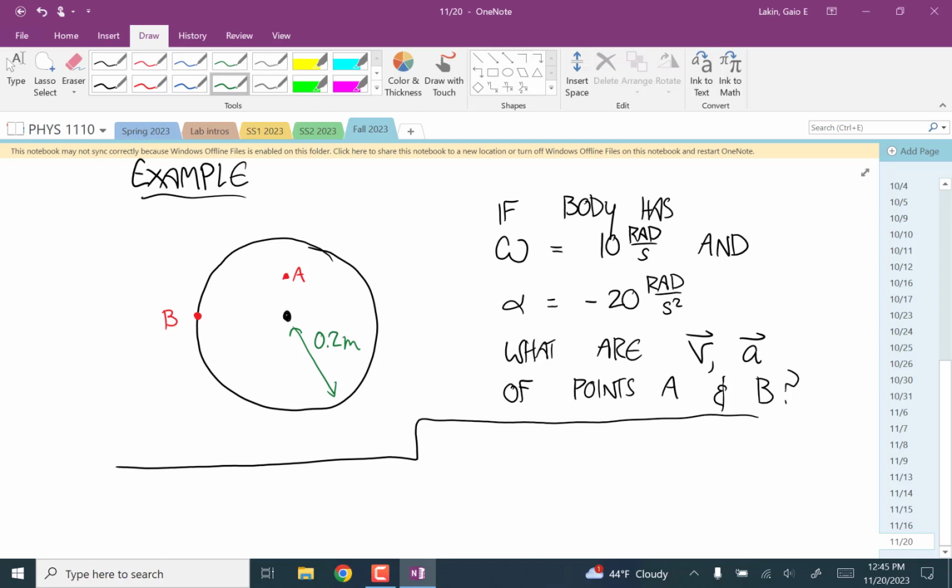Okay, well, let's first think about the directions of the things that go into the velocity and acceleration. For the point A, it's in a circular motion like this around the about point. The angular velocity is positive, so is this point moving clockwise or counterclockwise around that circle? One of you is right and one of you is wrong. Positive means clockwise.